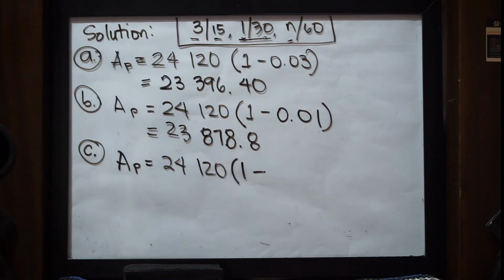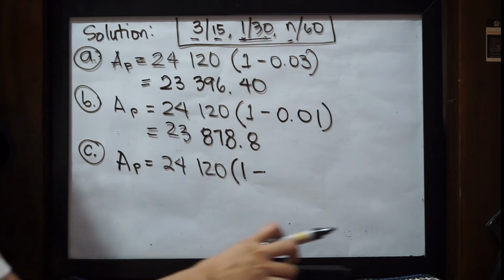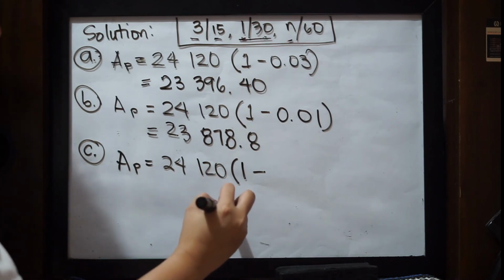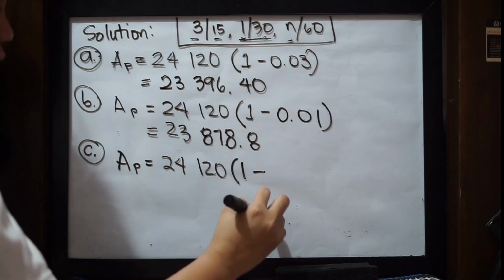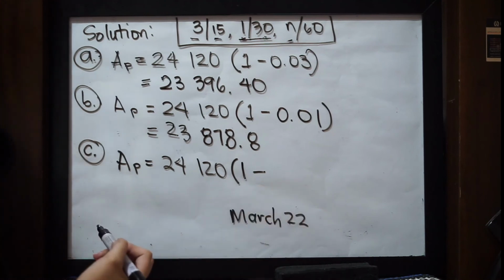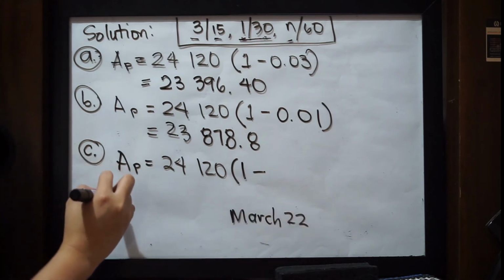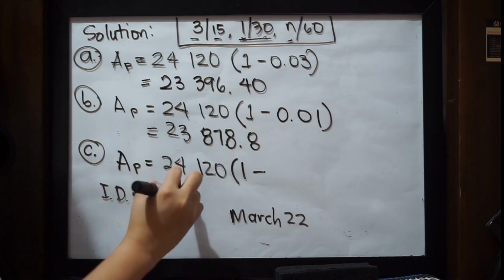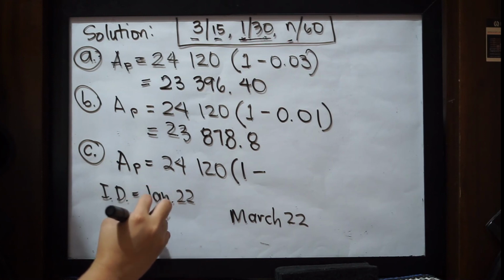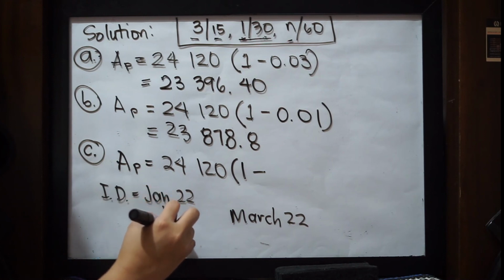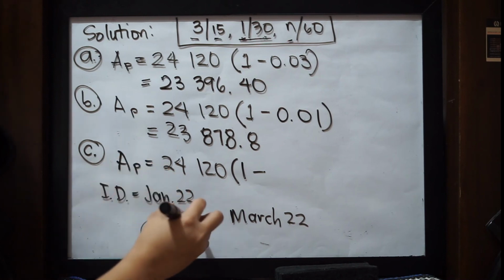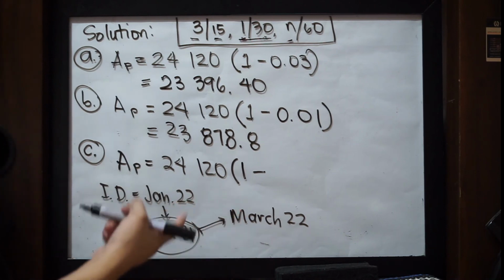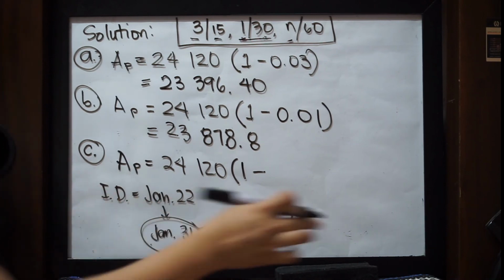Ano naman kaya ang applicable na discount rate if we will pay on March 22? So, ang invoice date natin ulit ay January 22. That is shifted to January 31. So, ngayon, ilang days ang lilipas mula 31 hanggang March 22?